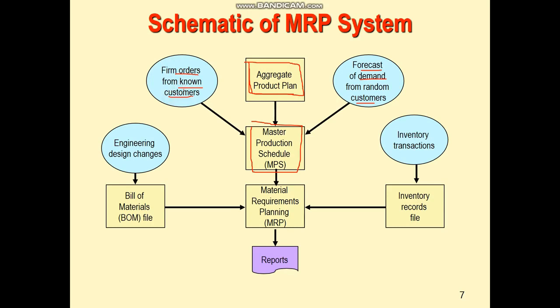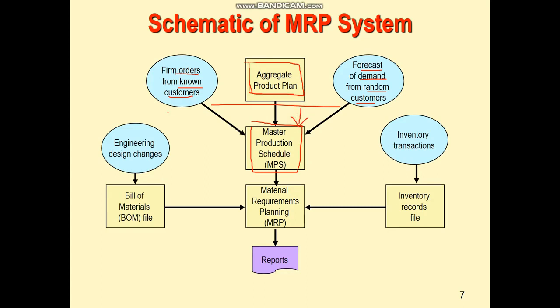So we separate the orders into two sources: the first is random customers and the second is known customers. Based on this information, we can make the master schedule.